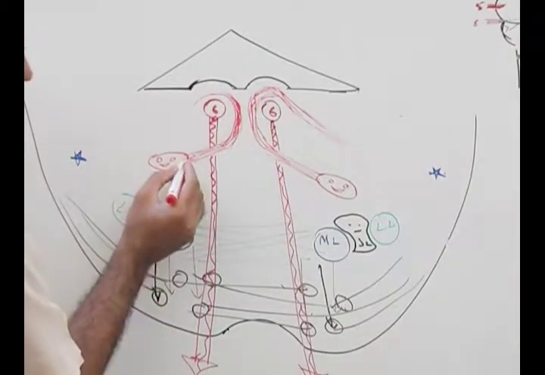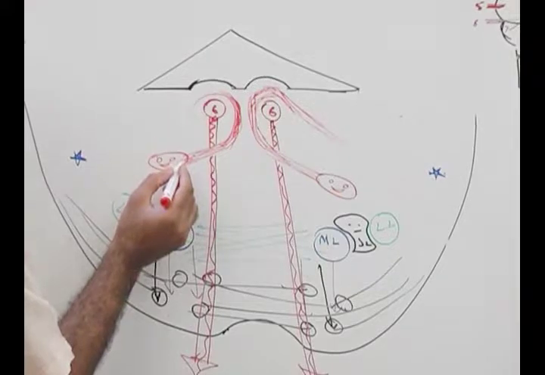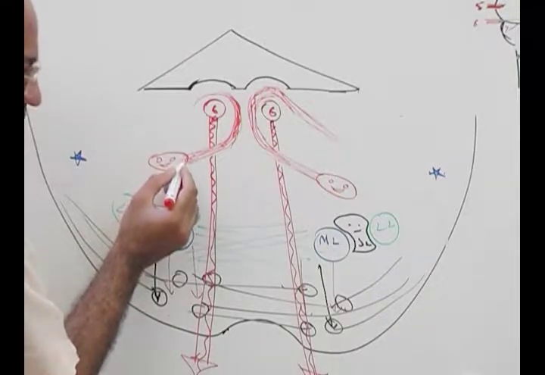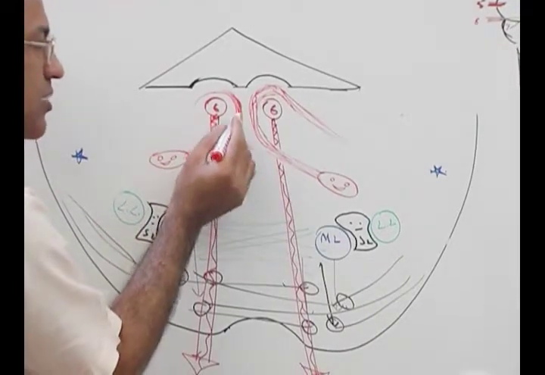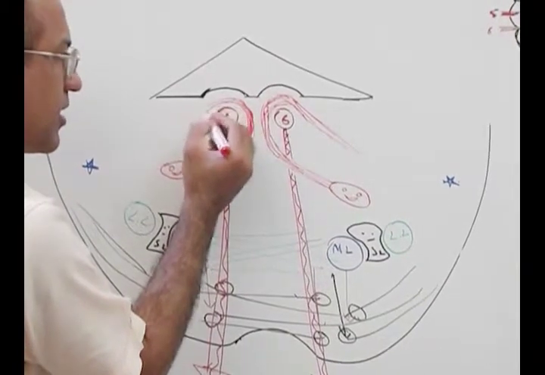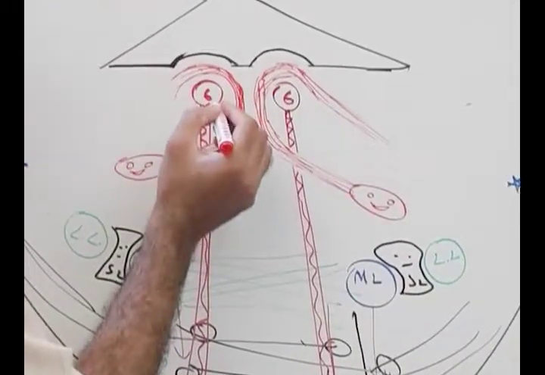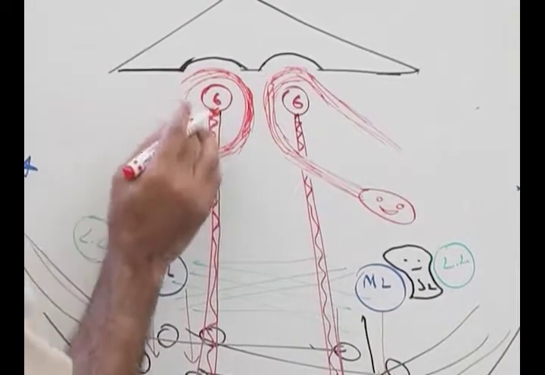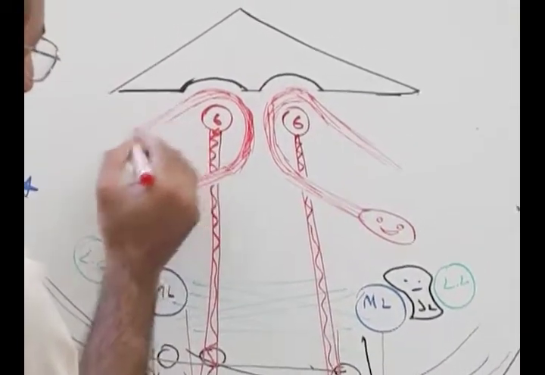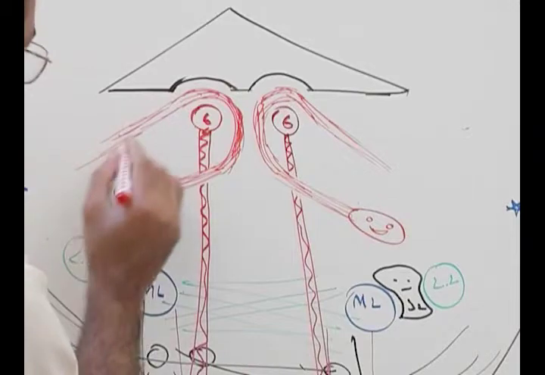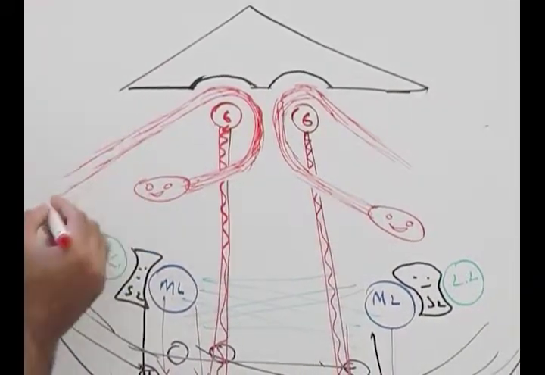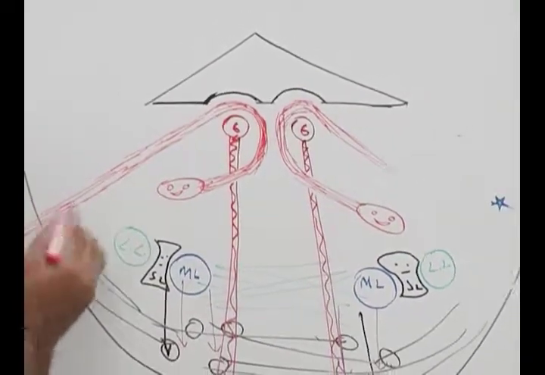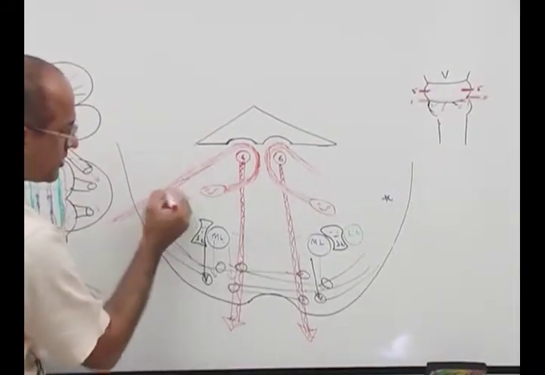And what is this? These are the fibers originating from the motor nucleus of the facial nerve, and they move backward dorsally, and medially, and they move around the nucleus of the abducent nerve, and then they start moving forward and laterally, and eventually they go out on, what is this?